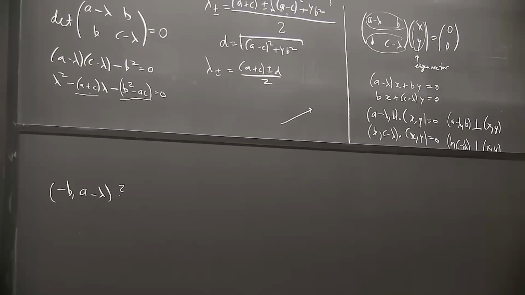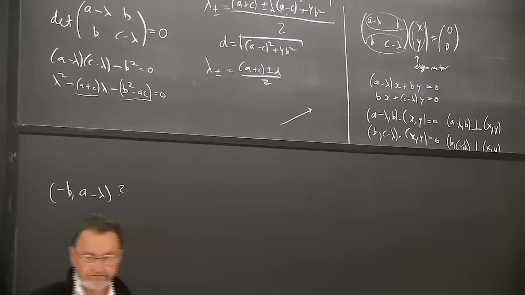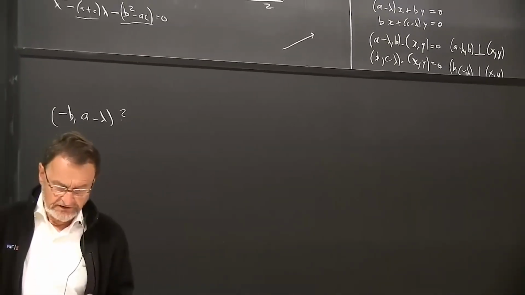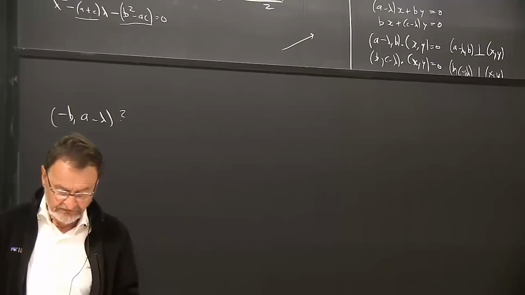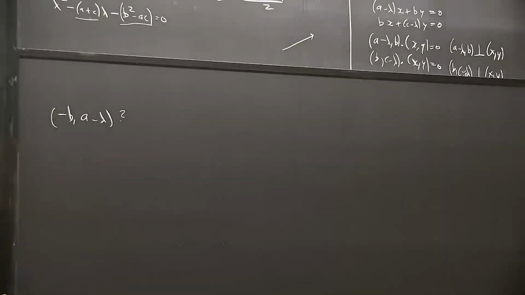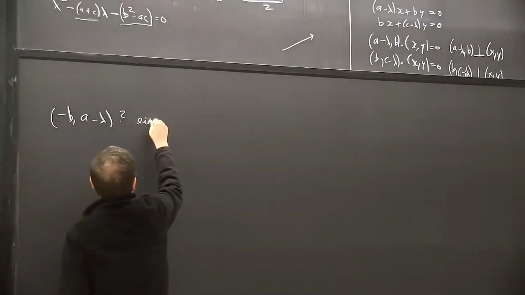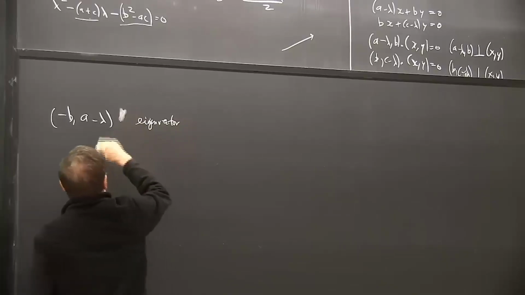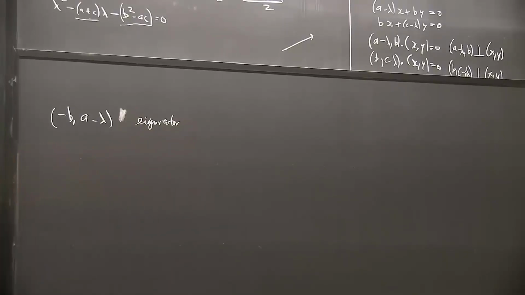So there's an eigenvector. How big is it? Well, as we said, in a sense, it doesn't matter because any multiple of an eigenvector is also an eigenvector. Okay, so that's one of them. Now, actually, that's 2 of them because we can plug in the 2 different values of lambda. We get 2 different vectors.